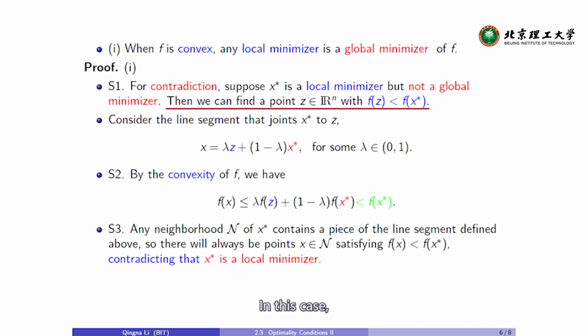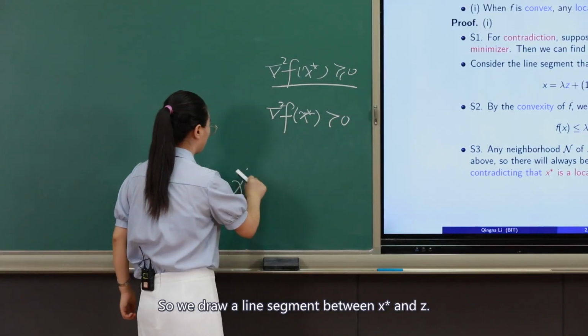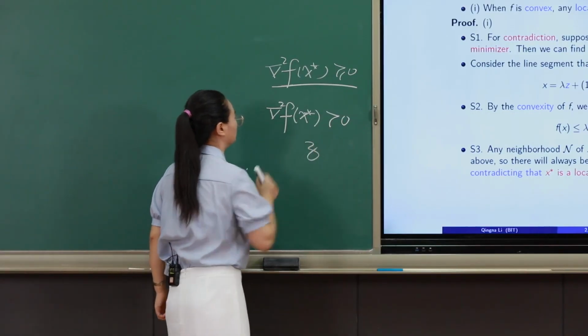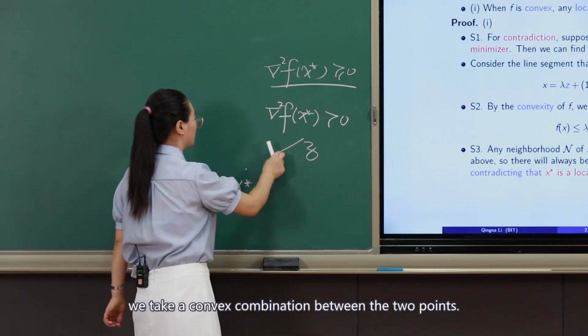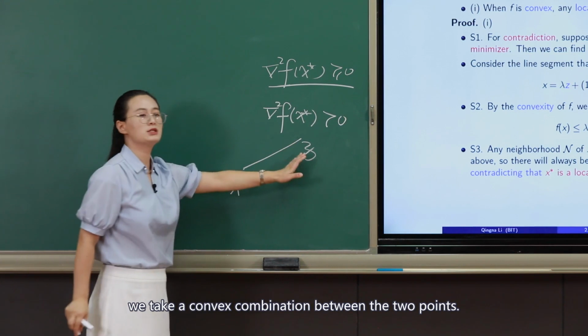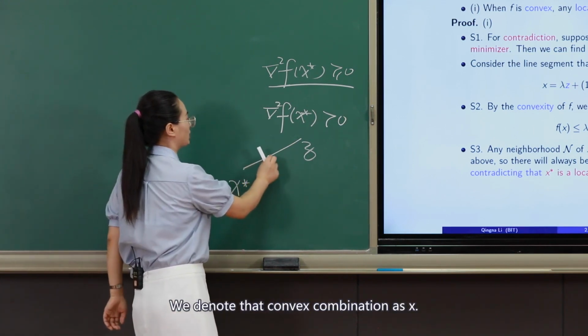In this case, we draw a line segment between x star and z. In other words, we take a convex combination of the 2 points. We denote the convex combination as x.